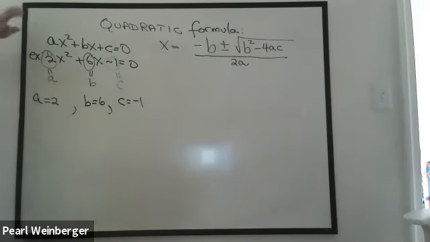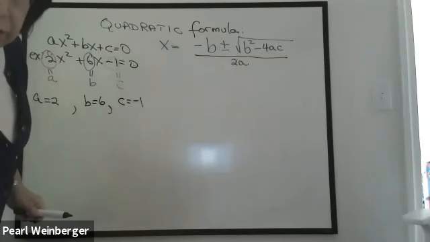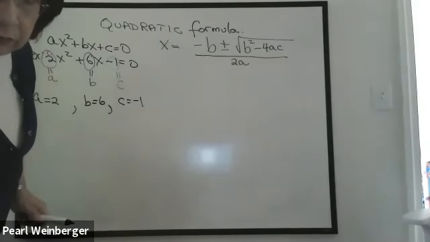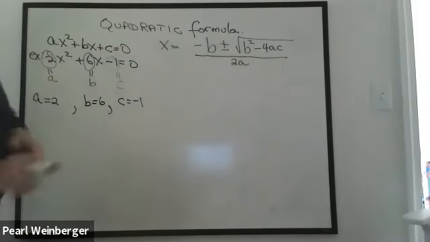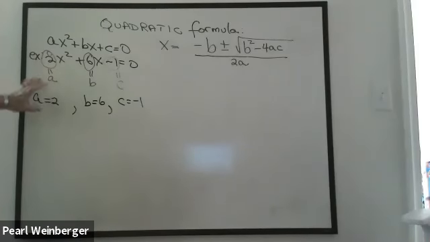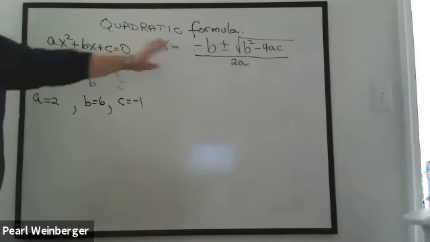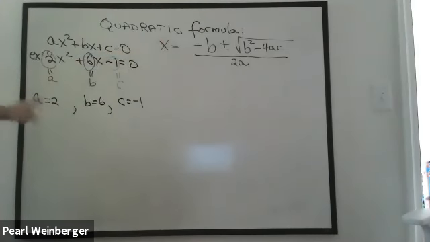Okay. So therefore, if I want to use the quadratic formula on this quadratic equation, in this formula, wherever I see an A, I'm going to put 2. Wherever I see a B, I'm going to put 6.